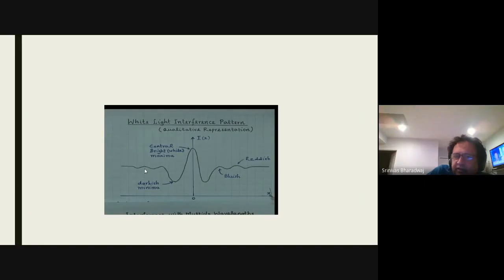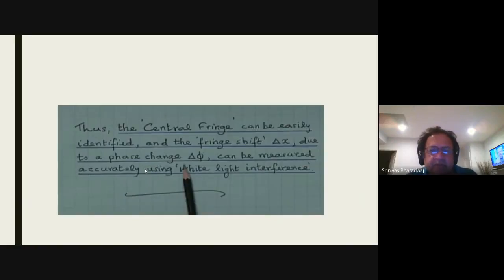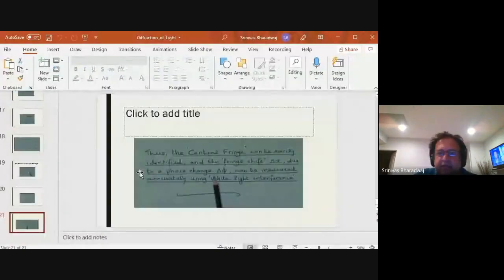So what you will see is darkish minima, then bluish minima, reddish minima, etc. Okay, so at the center, of course, you will see the continuous bright maxima, because there all the wavelengths have traveled the same distance and they all hit the same spot, and you have a nice bright light at the center, right? So that's what it should be. The central fringe can easily be identified, and the fringe shift due to a phase change can be measured accurately using white light interference.